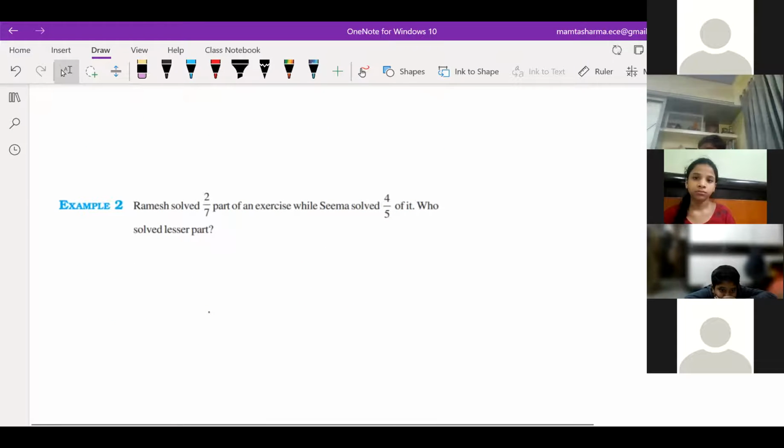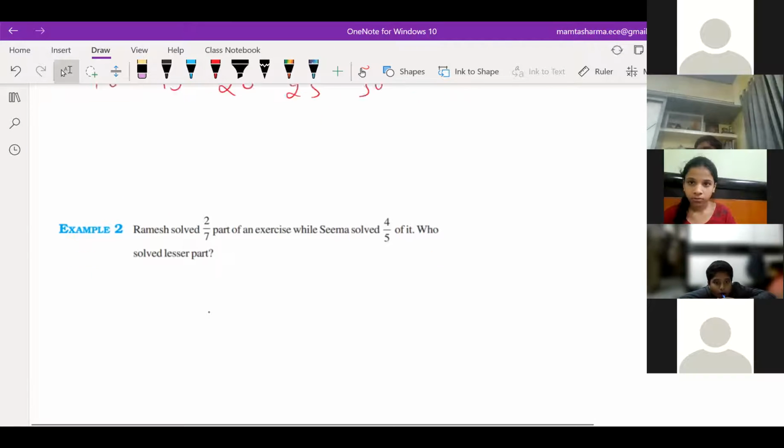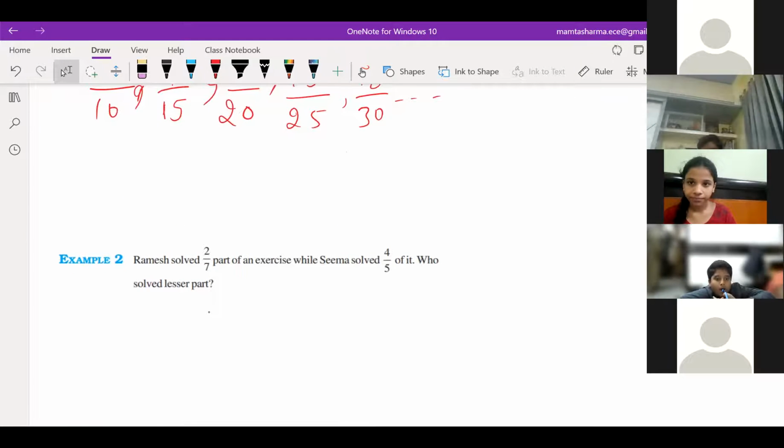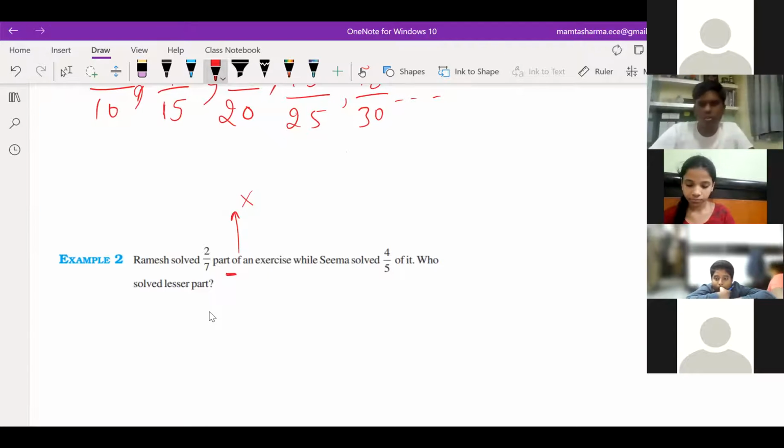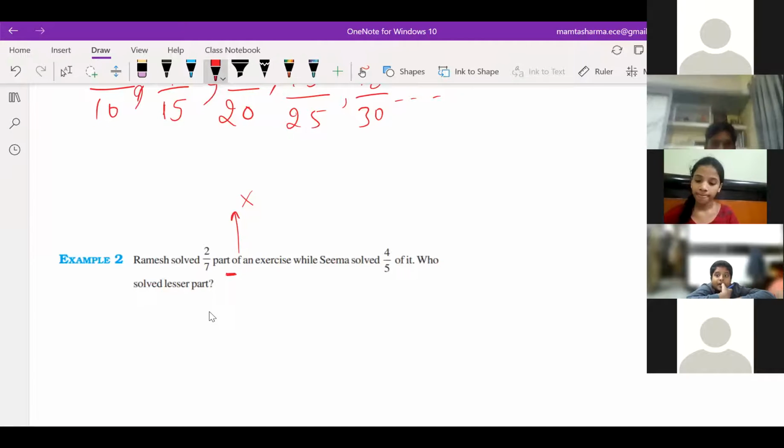Now solve this question. Ramesh solved 2 by 7 part of an exercise. What is the meaning of this 'of'? Ma'am, it means subtraction. Multiplication. If it is given that some part of, this 'of' means multiplication.